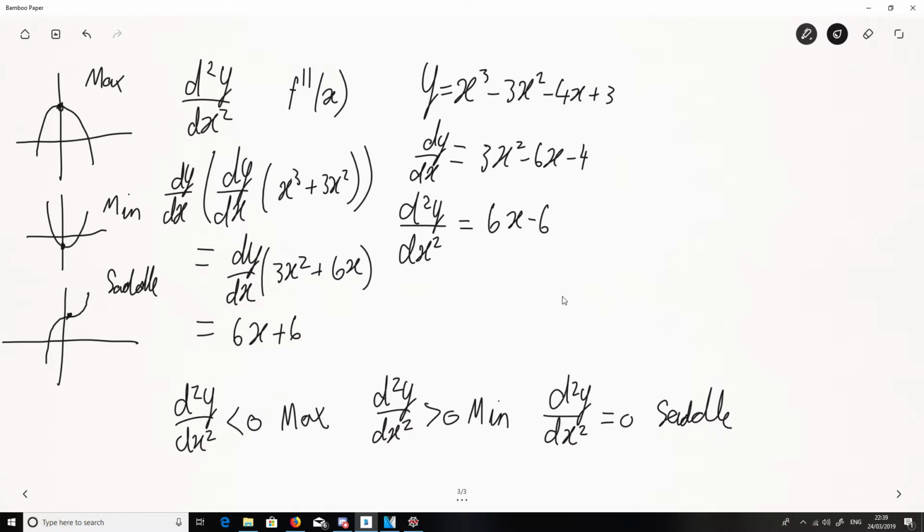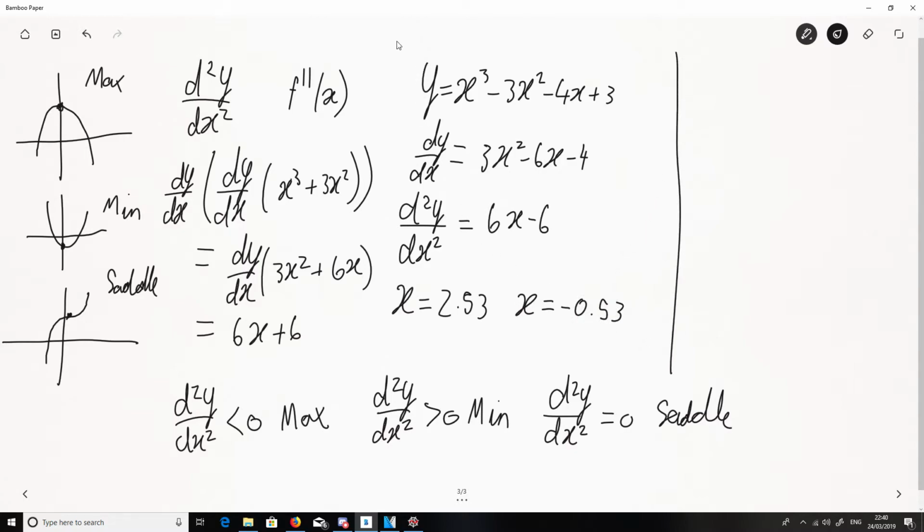So what we want to do now is sub in the coordinates of our stationary points. So we only want to sub in the x values. We need to sub in x equals 2.53 and x equals minus 0.53.